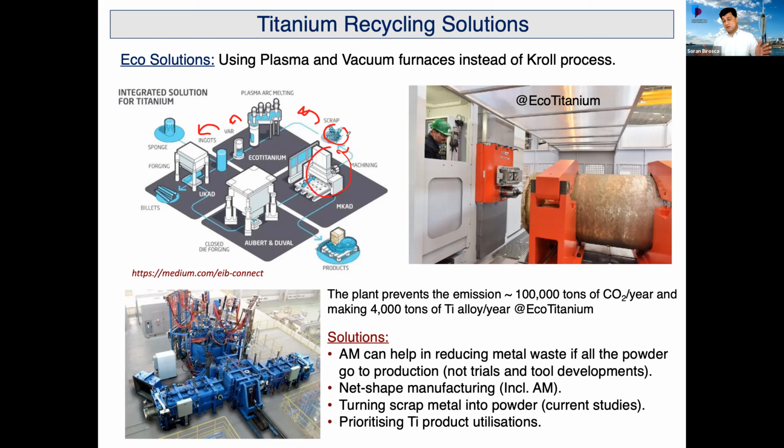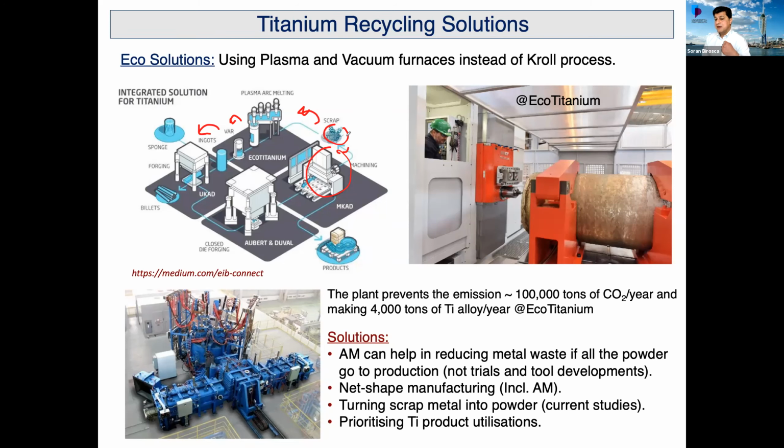However, a solution, for example, near-net-shape manufacturing is very good. You can reduce the amount of waste, especially with additive manufacturing, turning the scrap metal into powder. There are many current studies on that, and on prioritizing titanium product employment.